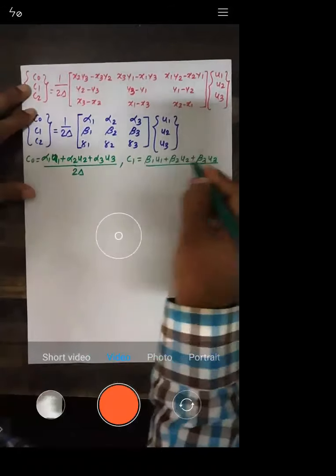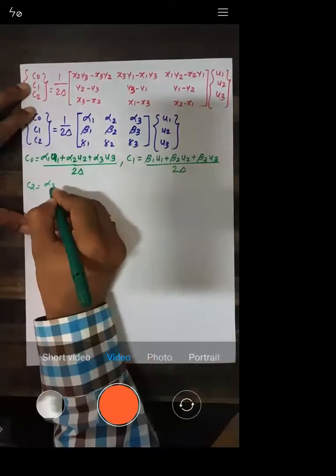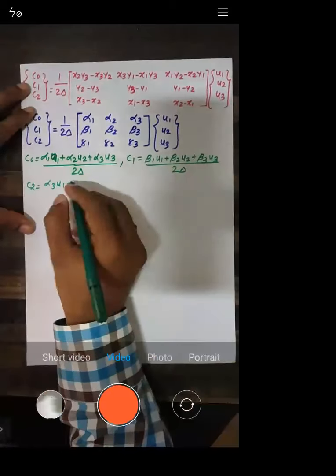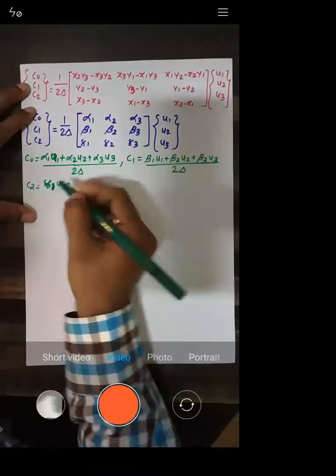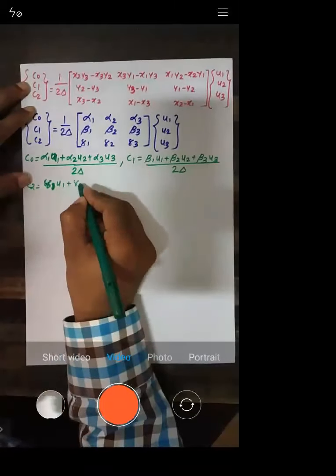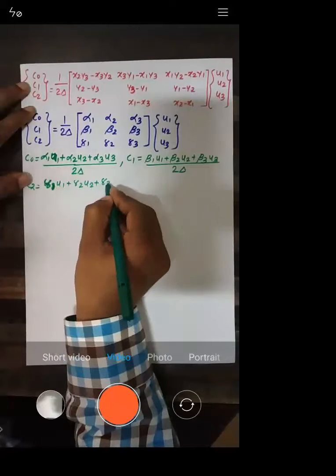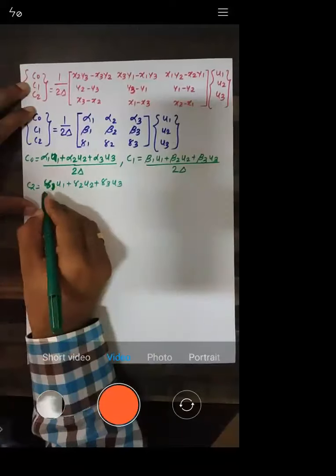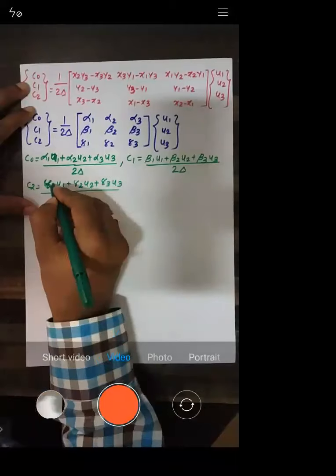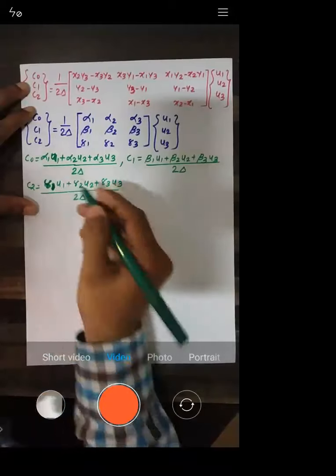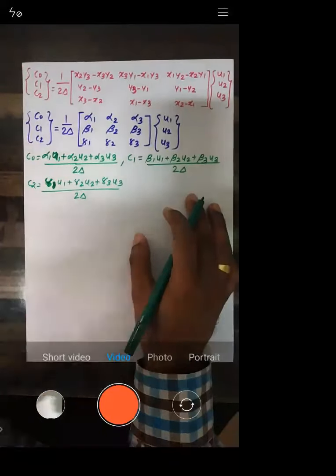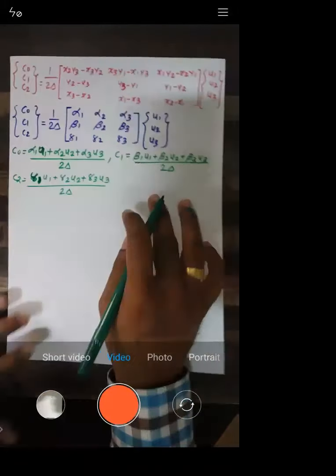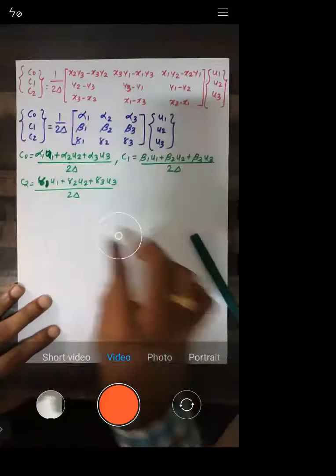Similarly, C2 I will get as gamma 1 into U1 plus gamma 2 into U2 plus gamma 3 into U3 divided by 2 delta. Is it okay? We now got the value of C0, C1, and C2.